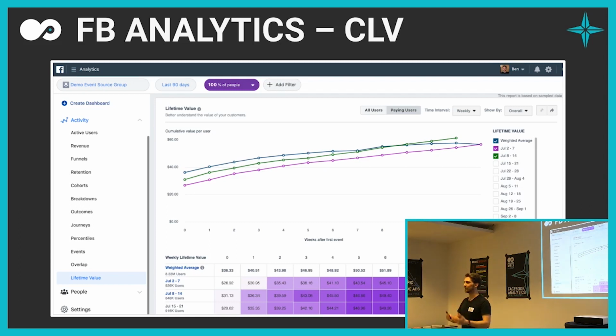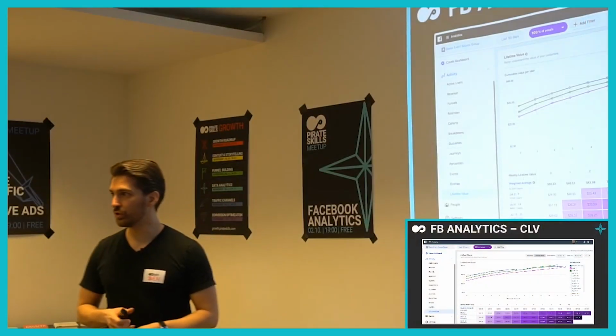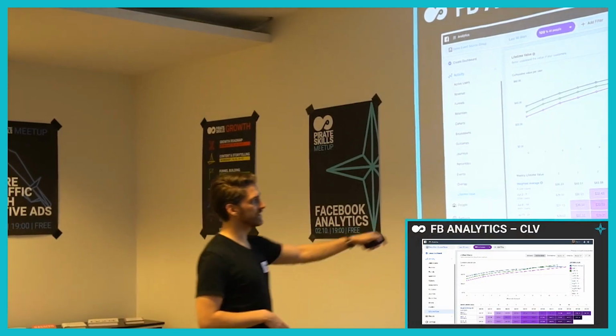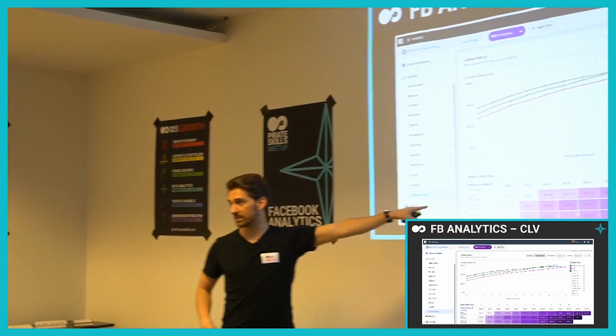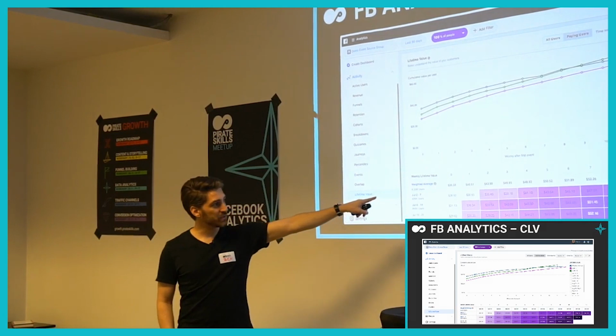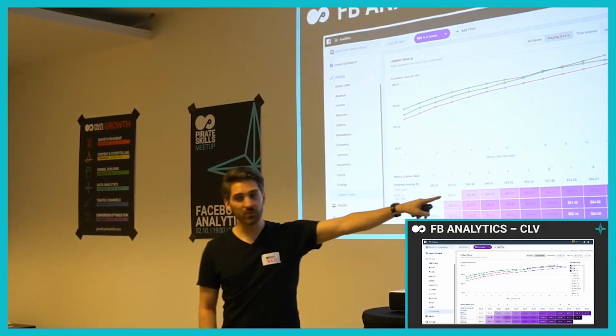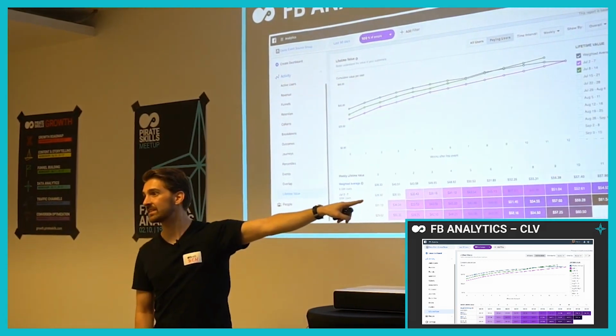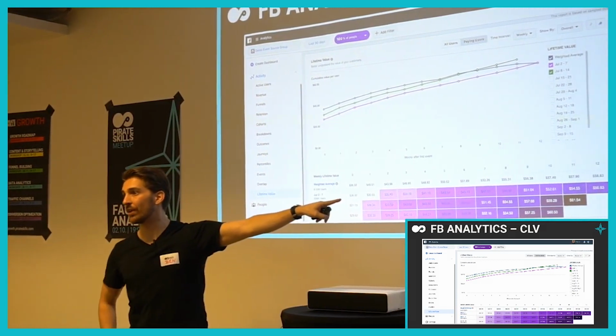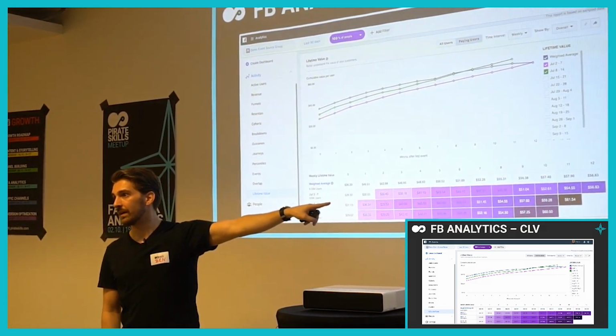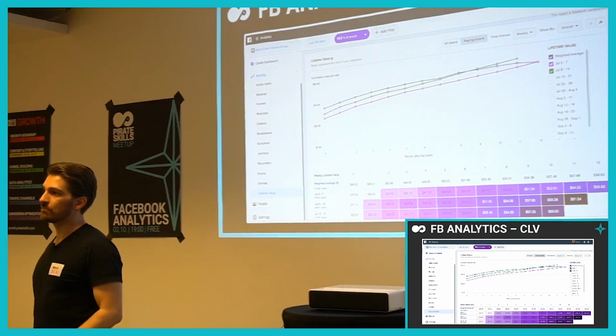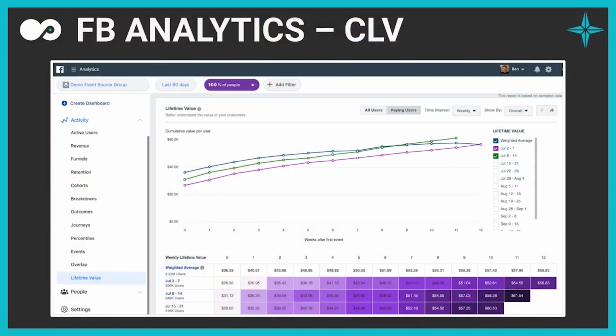And you're willing to do this. But what if you knew that your first purchase is worth 36 bucks? But if you just waited for 12 weeks, it's 56 euro per user on average. Like 80% more. Wouldn't you suddenly be willing to spend 35% of initial cost per acquisition?